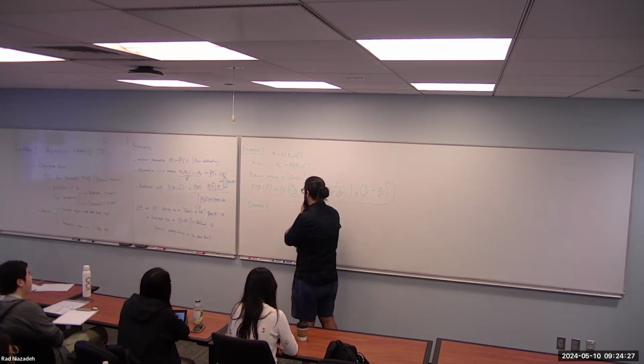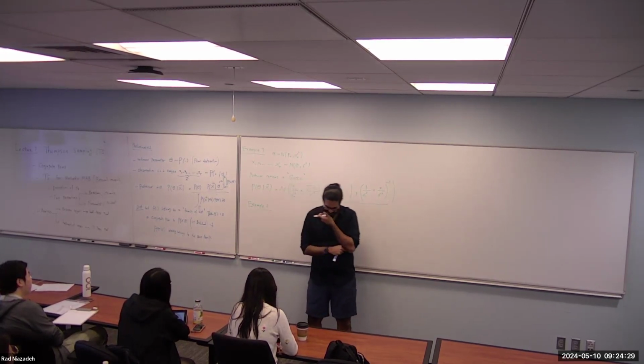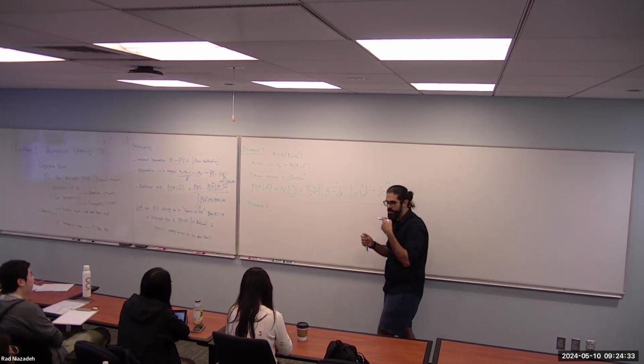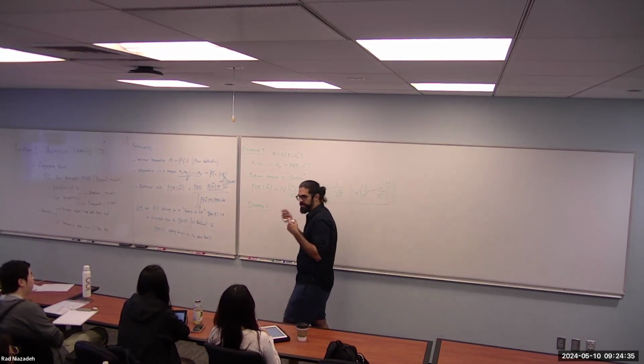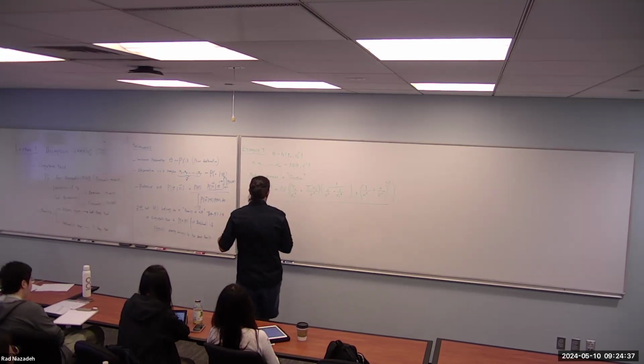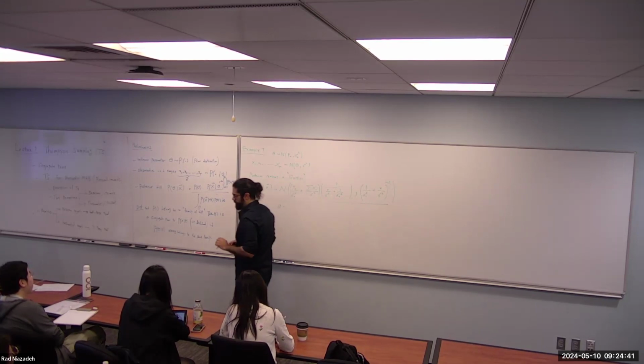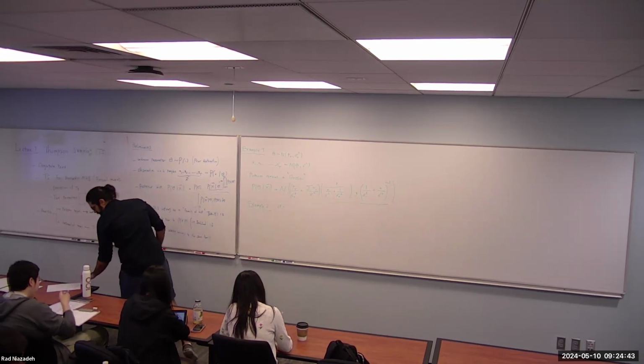The second one is about a Bernoulli trial. You observe Bernoulli trials from an unknown mean, and you want to estimate the mean from the Bernoulli trials. Now imagine theta is drawn from a beta distribution.